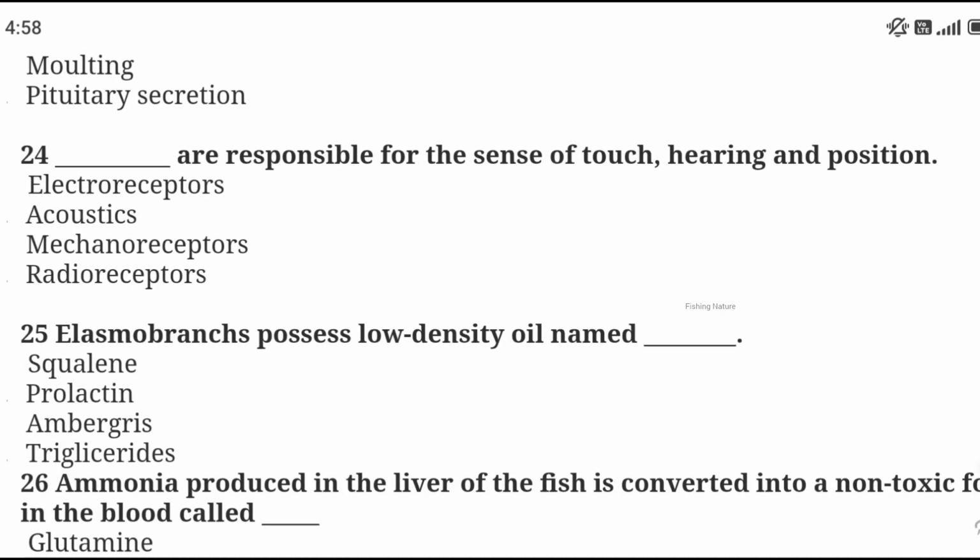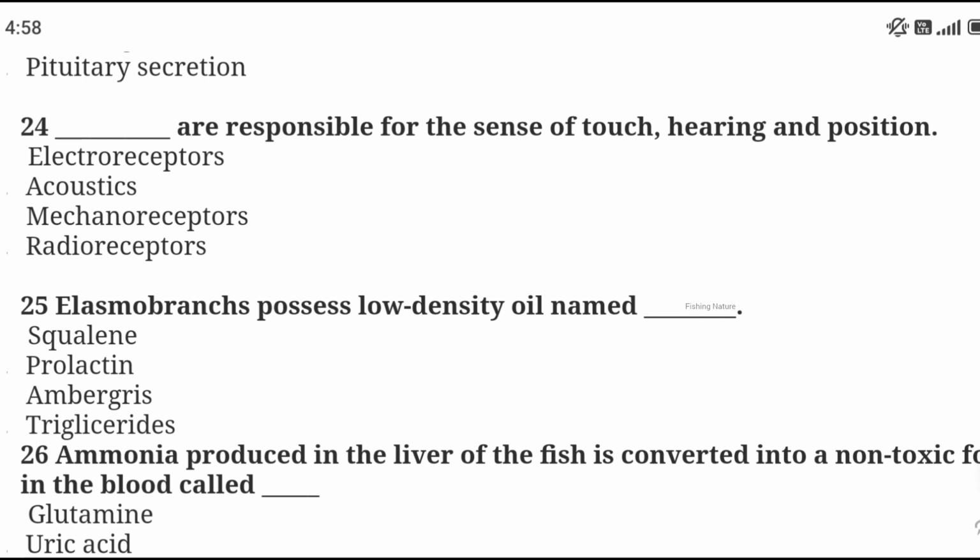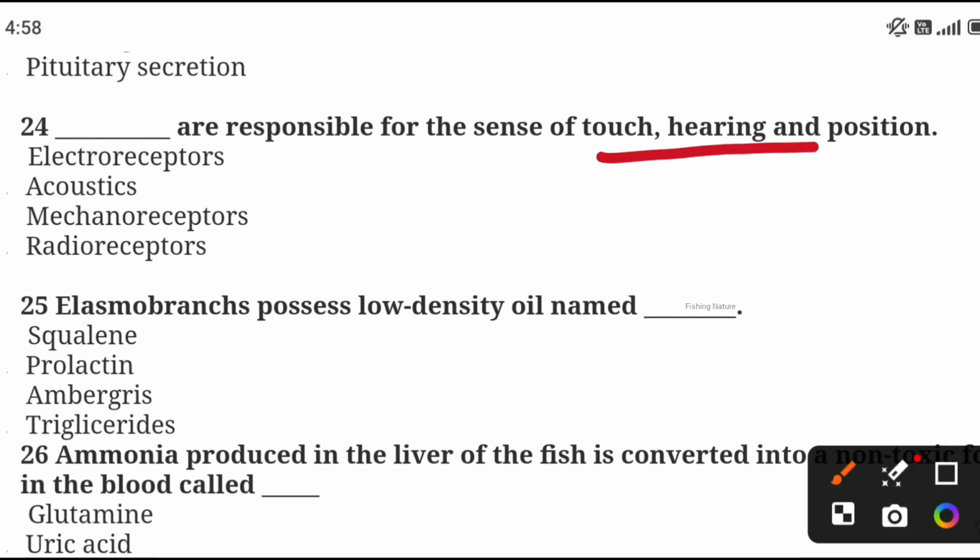Next, dash organs are responsible for the sense of touch, hearing, and position. Which type of receptors are used for touch, hearing, as well as position? Mechanoreceptors are used for this purpose.